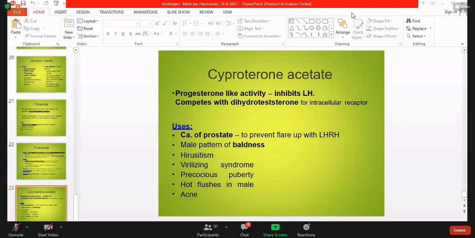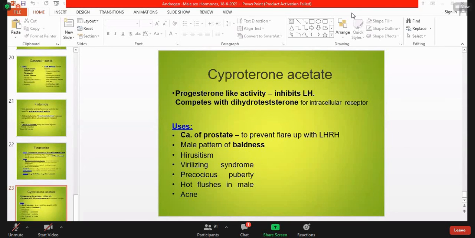Androgens are used in hypopituitarism, when you have a deficiency of luteinizing hormone or the other, FSH. The main function of LH in the male is to release the testosterone, so you have to give testosterone externally.